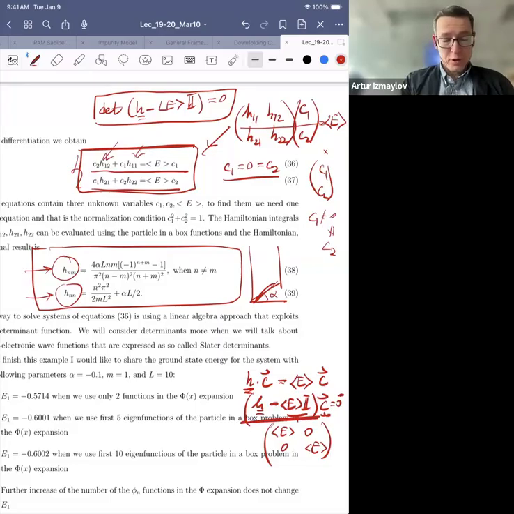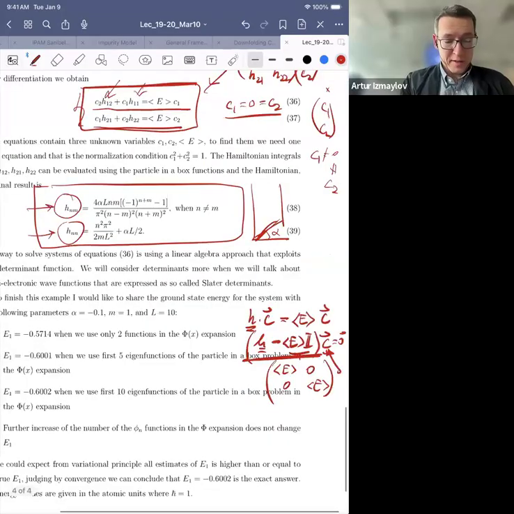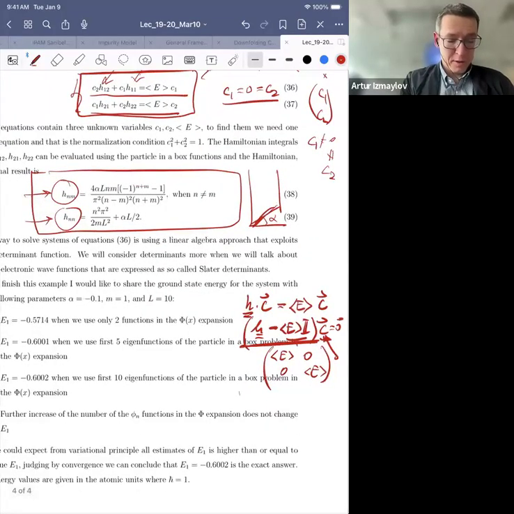The trivial solution is that the coefficient vector is 0. We don't want that, and so a non-trivial solution requires that the determinant of this matrix is 0. Why?